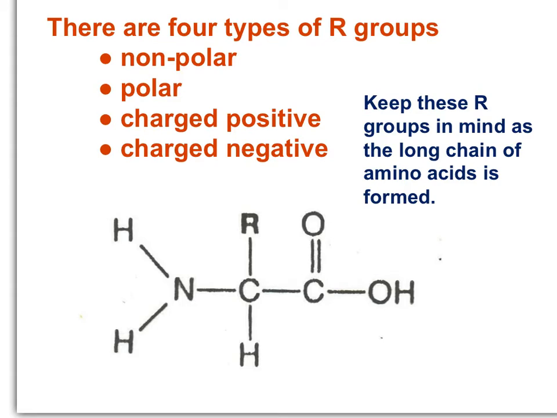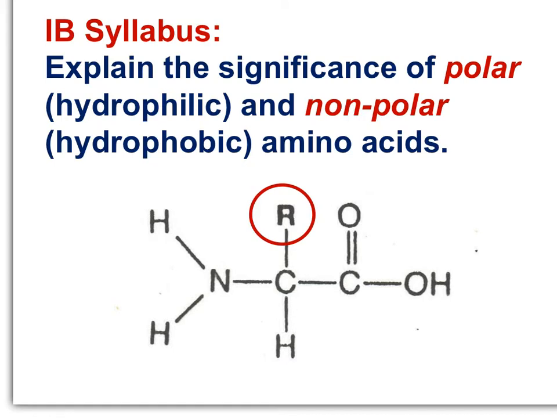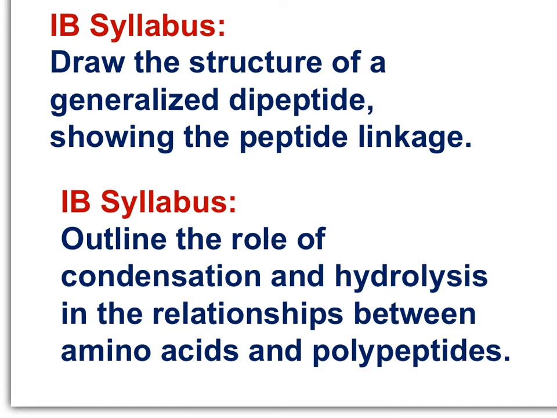Keep this in mind as you move forward. In fact, you can see, based on this IB syllabus statement, how important the R groups will be in conversation about protein further down the line. Explain the significance of polar and nonpolar amino acids. So there will be more to the story about the importance of the character of the R groups in determining protein function.